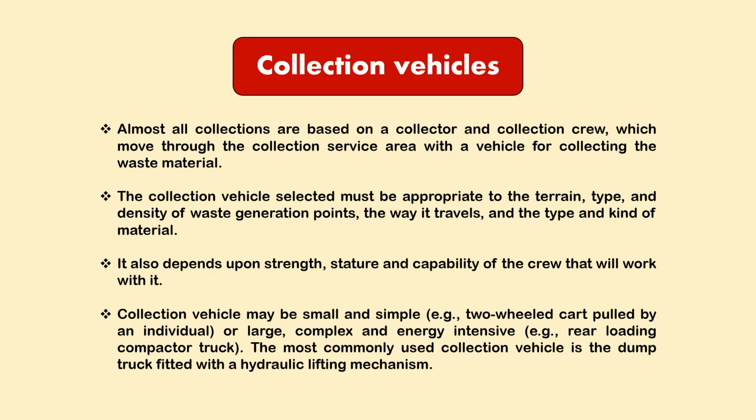how it can travel. Means it can go through a rugged path or not, and what type of terrain it's traveling, all those things, and also the strength and capability of the crew, because if the crew is not capable of driving such a big vehicle, then we cannot use big vehicles for collection.